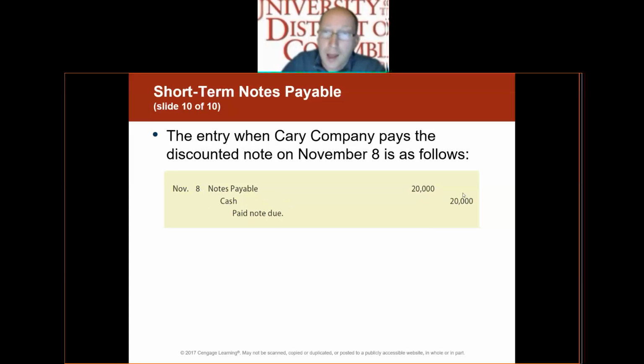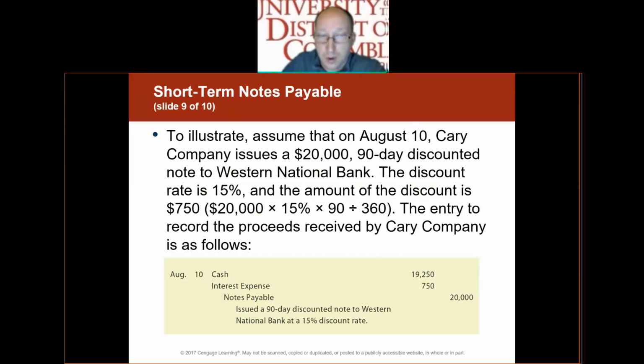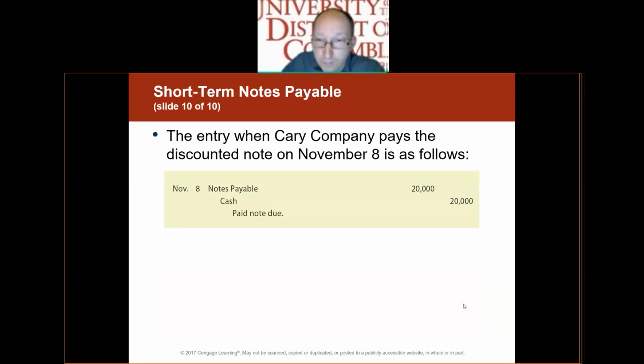The reason it's for the full $20,000 is because, remember, there's 15% interest on that loan. So the bank only gave us $19,250. We recognize the interest expense, and we recognize the face value of the note. We still pay that amount back. $20,000 paid back.